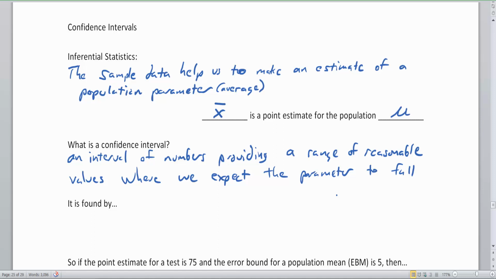Now, you've probably been in a situation where you had to get your car repaired, but the mechanic didn't want to tell you what the exact price was, probably due to the fluctuation of labor costs and the price of parts. So sometimes they give you this confidence interval.